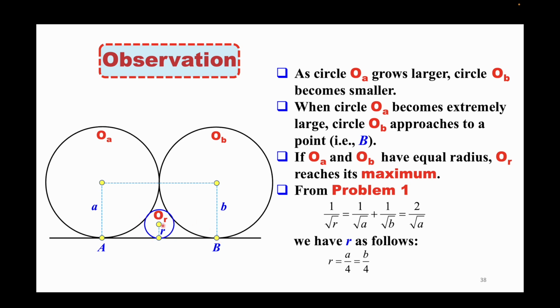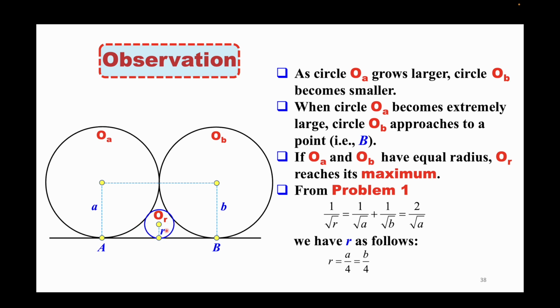So when does OR become the largest? When OA and OB are equal. That is when A and B are equal. Because if OA gets larger, OB becomes smaller, and OR also becomes smaller. Because they're symmetric, when OB gets larger, OA gets smaller, and its derived OR will become smaller.